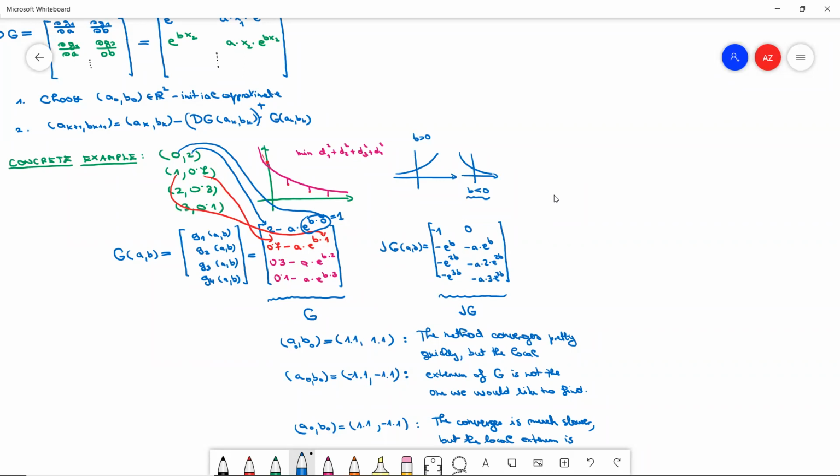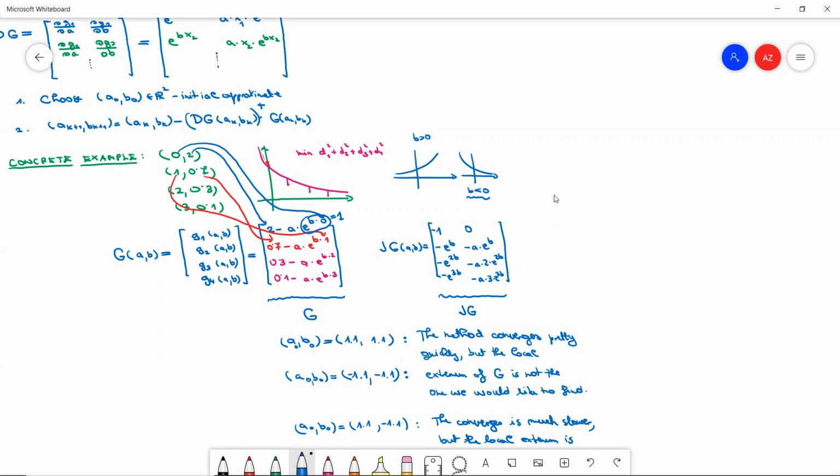There are some theorems, but they are very messy, so they are not used in practice. There is one theorem, the Kantorovich theorem, which tells us which initial approximate we should take so that we will converge to our solution. But still, we need some knowledge about the solution, and then we have to do quite a lot of computations to determine what to choose for the initial approximate. So we cannot know in advance. Those iterative methods work in this way: we try different initial approximates.